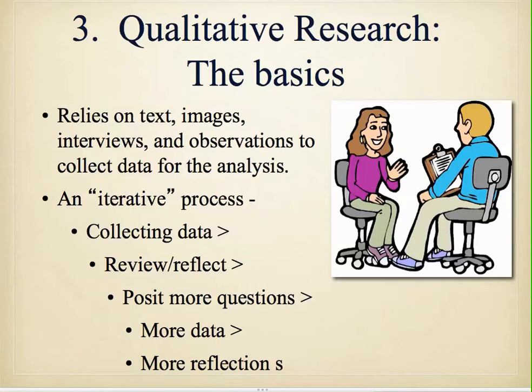So as you see here, the reliance on text and images and interviews is an iterative process in that you are making those observations and analyses, and then you go back and you do it again, and you go back and forth throughout the entire process.